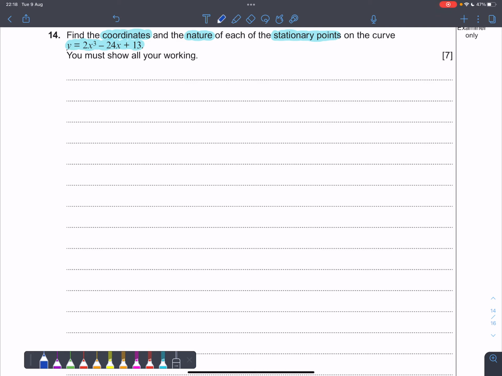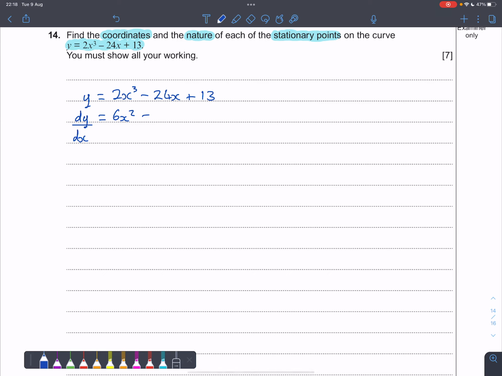As soon as I see stationary points, I like to start with my y, which is 2x cubed minus 24x plus 13. Then I find my first derivative, dy by dx. 2x cubed differentiates to two lots of the derivative of x cubed, so 3x squared, which is 6x squared.